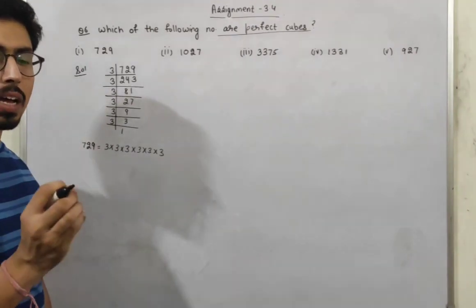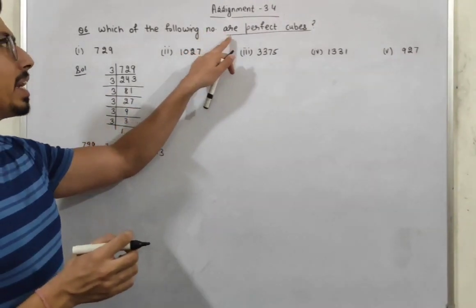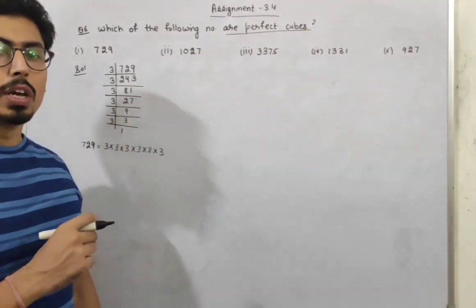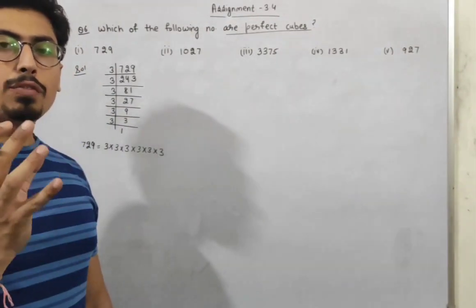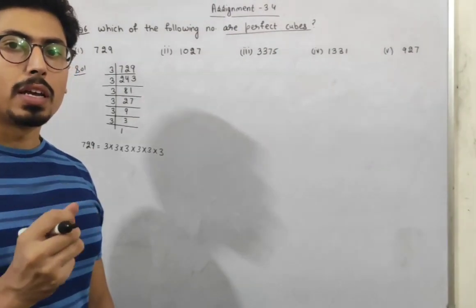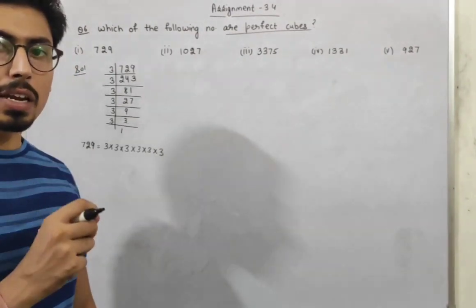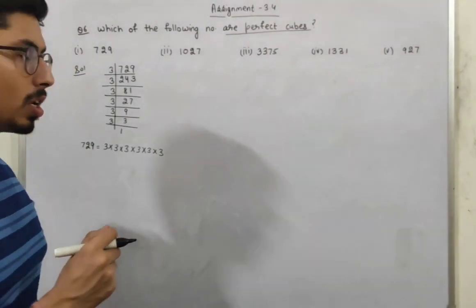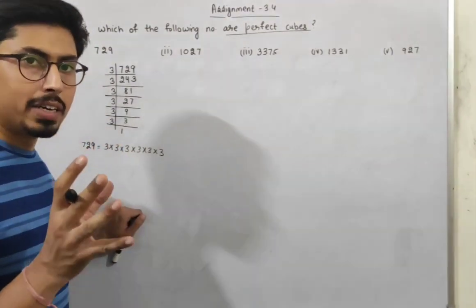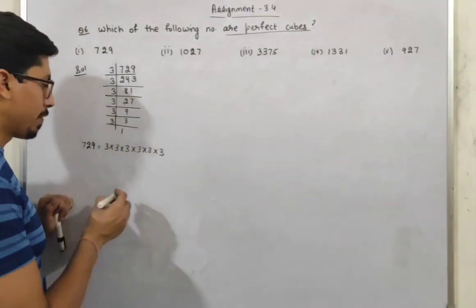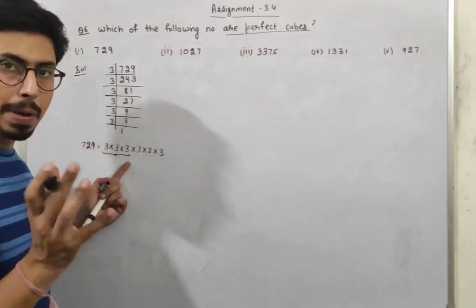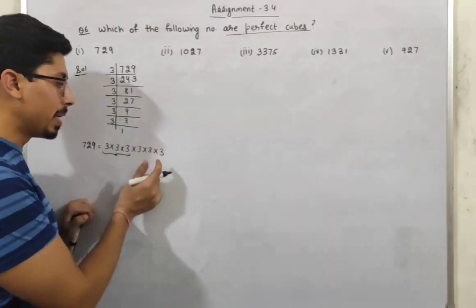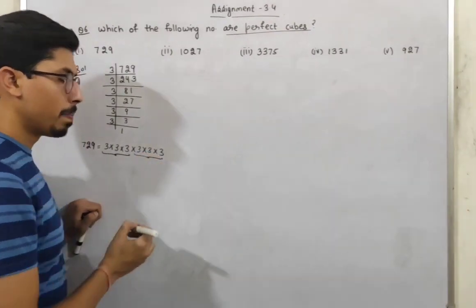To find out whether it is a perfect cube or not, see students, to check our number we have to make groups of numbers, and in each group there should be 3 numbers. So try to find the groups of 3 numbers. If I take these 3, yes, these 3 are making a group of 3 numbers, and the remaining are also groups of 3 numbers.